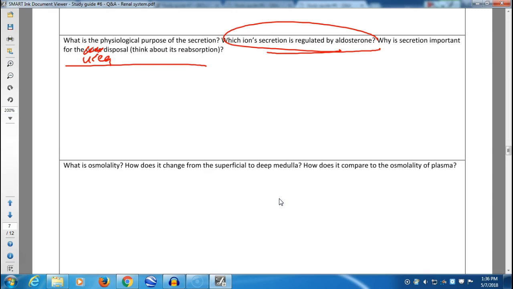Why do we drink so much? We drink so much because we produce a lot of urea, and the only way to get rid of it is to flush it through the kidneys. We drink water to flush the toxins out. That's the goal. Nothing else.